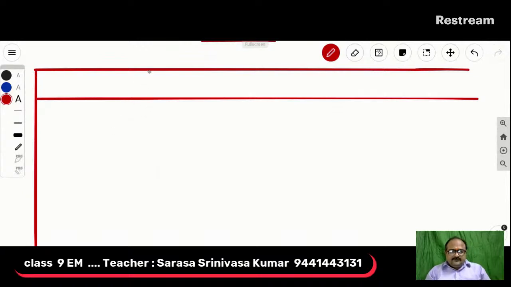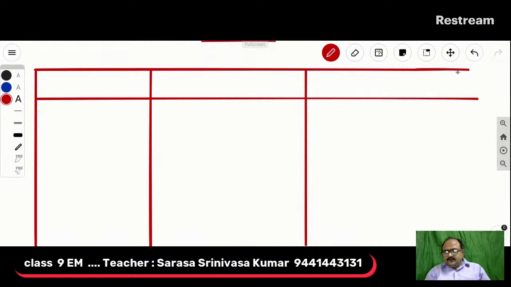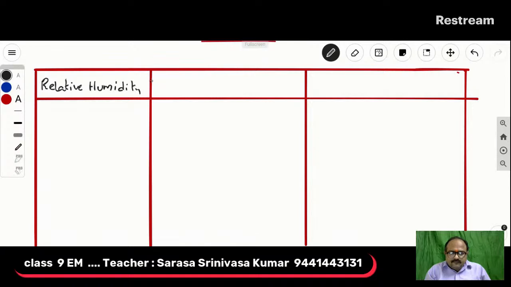The first column is class intervals, the second is tally marks, and the third column is the frequency. Now we write relative humidity for the first column.